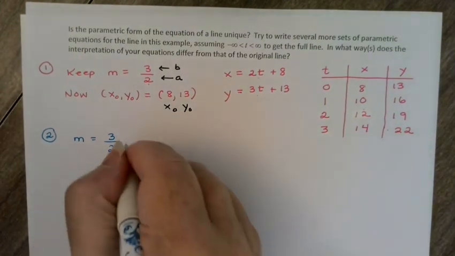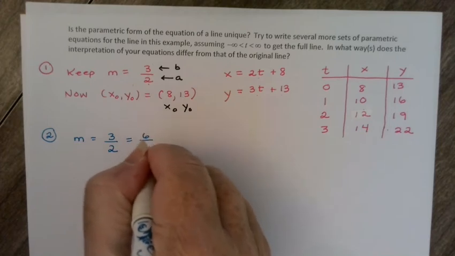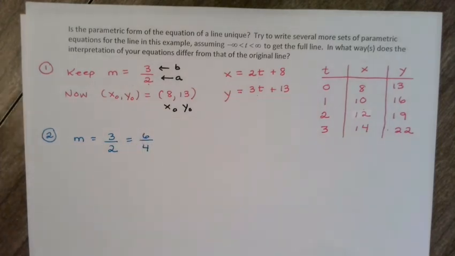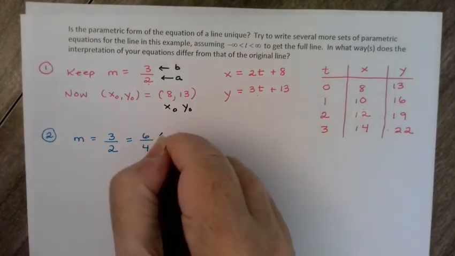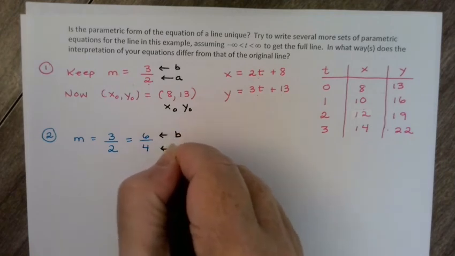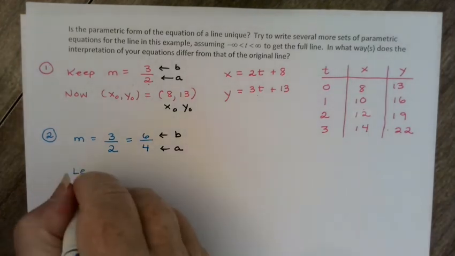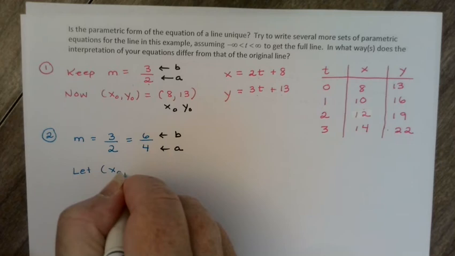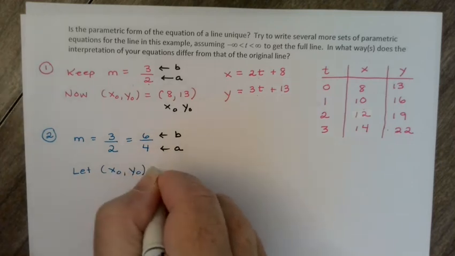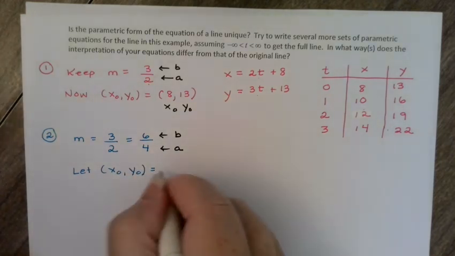For example, 6/4 is still the same slope, just not lowest terms. What if I use that 6/4 as my slope to define b and a? And I think I'm going to go back to the original starting point. Let's let x naught, y naught go back to that 2, 4.